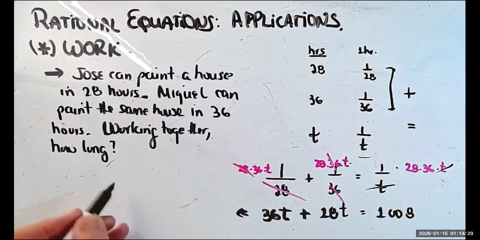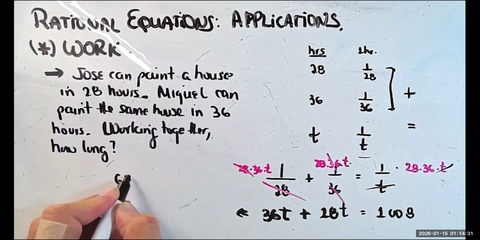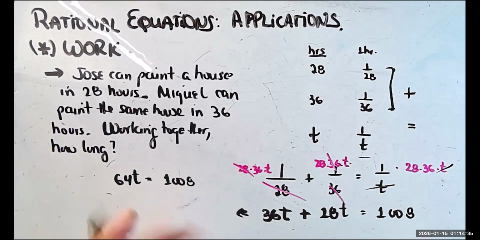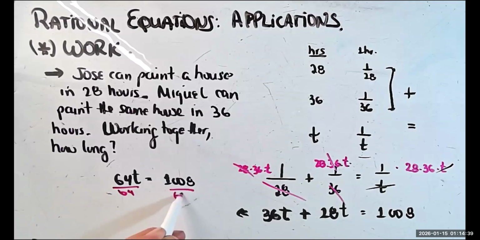Let's continue. That means that 64t equals 1008. If I were to divide by 64, we may conclude that t equals 15.75 hours.